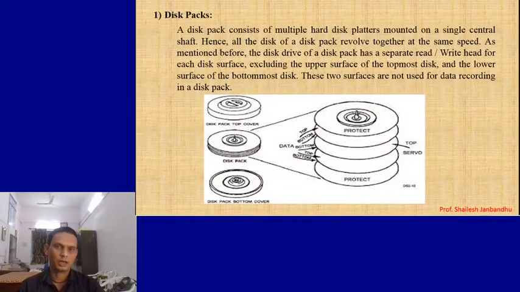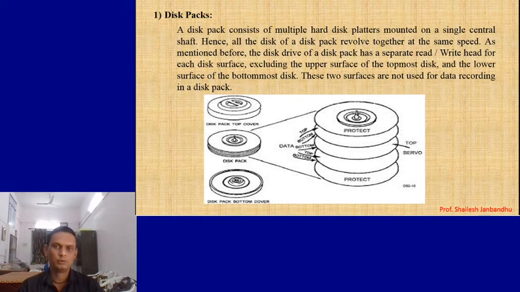Second one, disk packs. A disk pack consists of multiple hard disk platters mounted on a single central shaft. Hence, all the disks of the disk pack revolve together at the same speed.